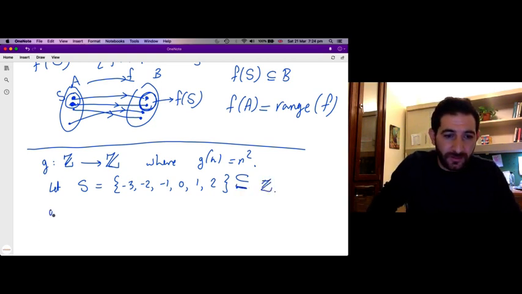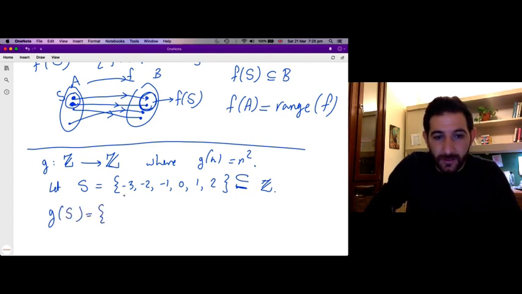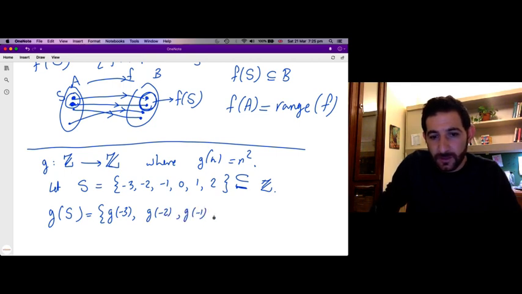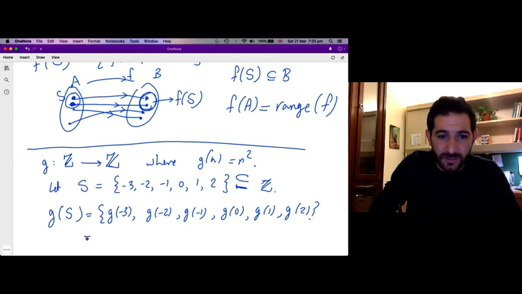Let's compute g of S. What's g of S? It is the set of images of elements in S. So g of minus 3, g of minus 2, g of minus 1, g of 0, g of 1, and g of 2. But what is g of minus 3?